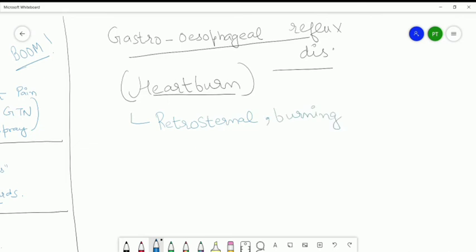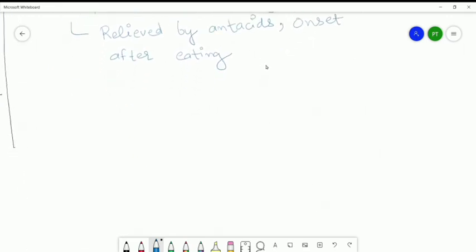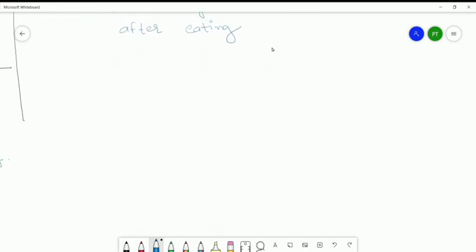So there is retrosternal burning pain. It is relieved by antacids. Onset after eating. Okay.